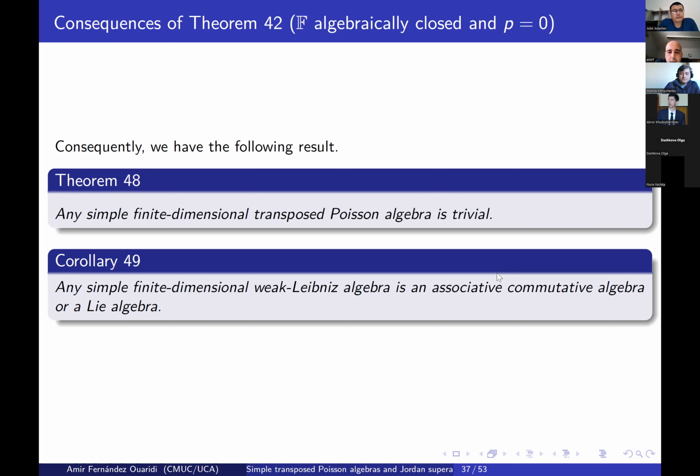There is no intersection. The intersection is the abelian algebra, well, over the field of characteristic 2.